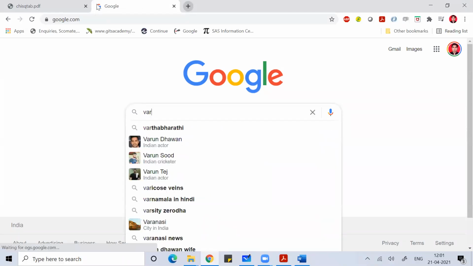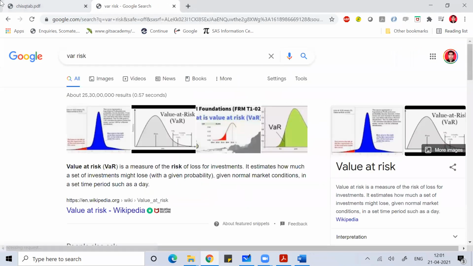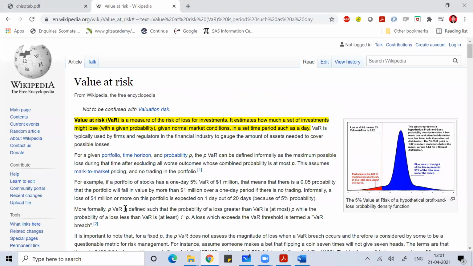So what is value at risk? Value at risk is the maximum risk you can get on your portfolio at a certain confidence interval for a certain time period. So nowadays when we talk about risk, we don't study risk in terms of standard deviation and all.